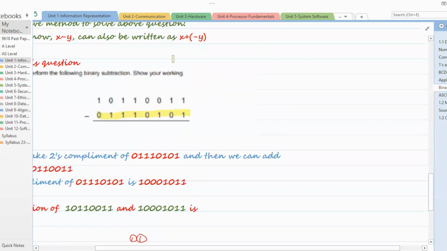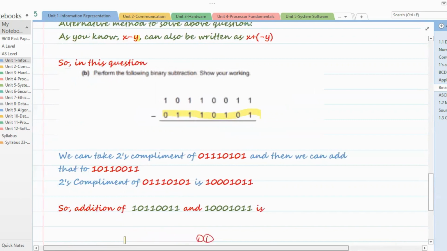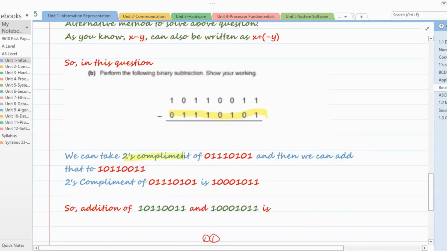As we have learned here, x minus y can also be written as x plus minus y. So we are making y a negative number, and y is this here, right? So we'll make it a negative number by taking 2's complement of this number.